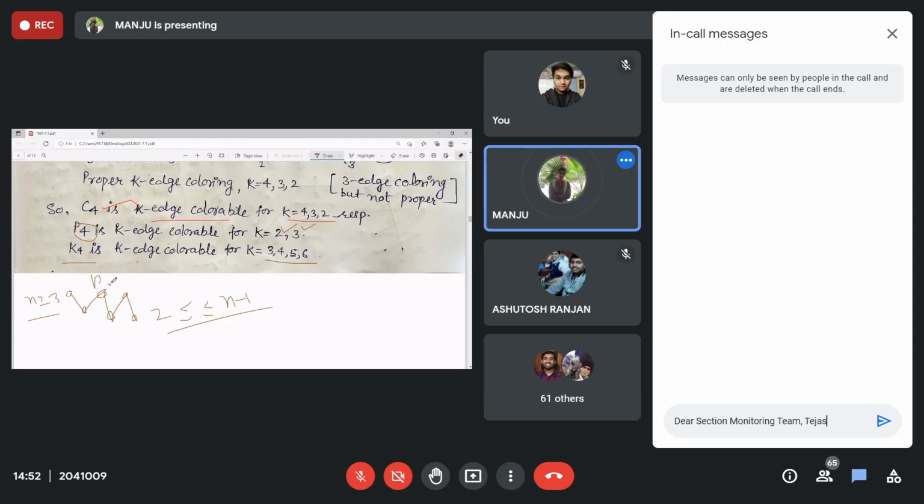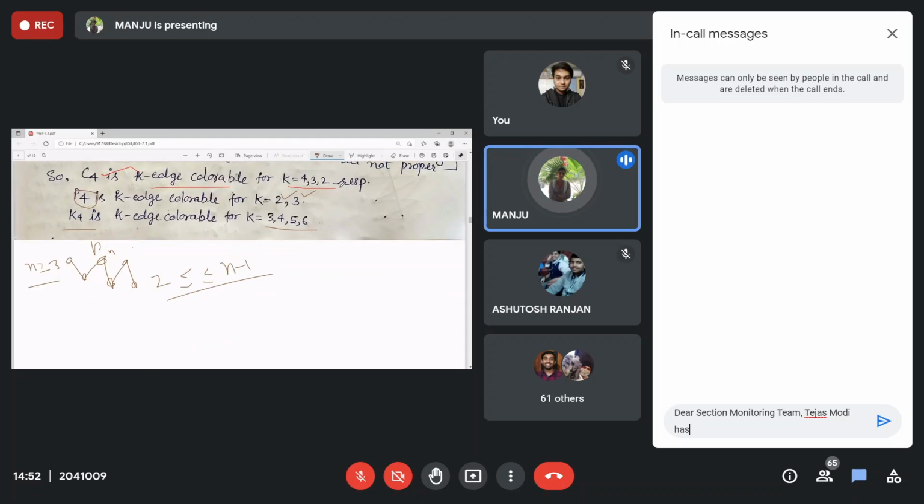Pn. And for C4 it is 2, 3, 4. And in case of Cn, in general it will be, C3 you need 3 colors, right? This one, this one, this one. C5 also you need 3 colors. So for odd you need 3.